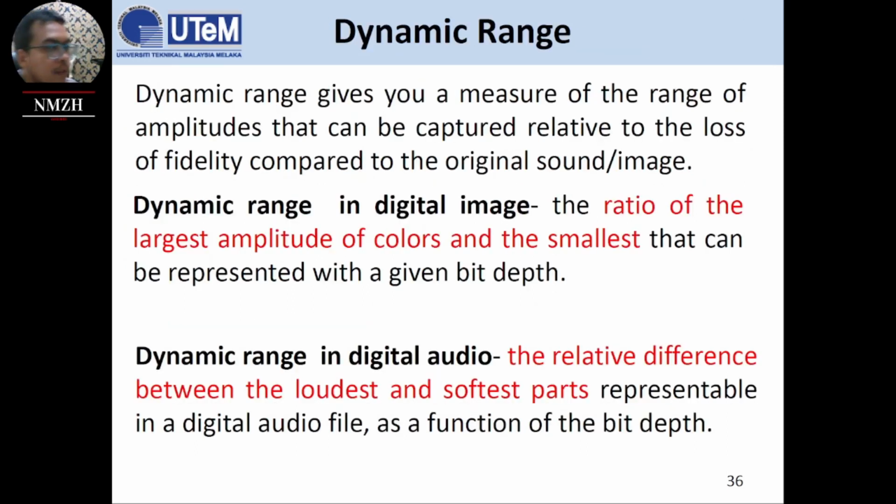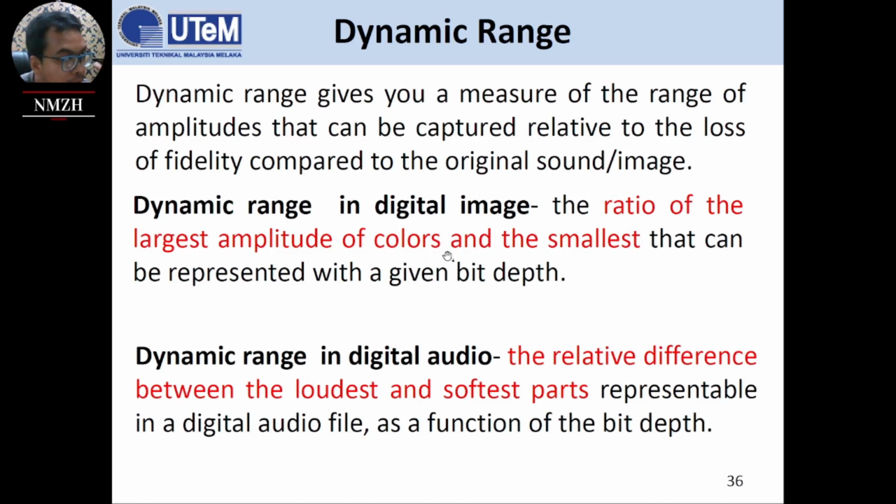SQNR. Okay, speaking about the dynamic range, it gives us a measure of the range of amplitude that can be captured relative to the loss of fidelity compared to the original sound. So I think dynamic range is talking about highest and lowest, frankly speaking, in our daily life. In digital images, it is the ratio of the largest amplitude color to the smallest.